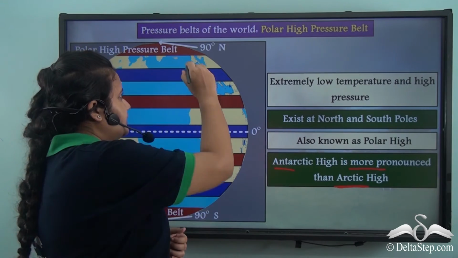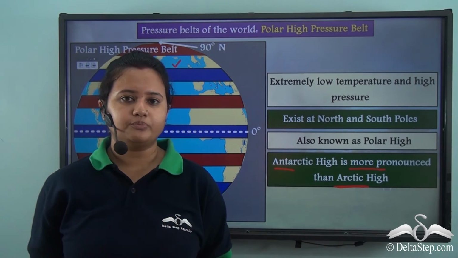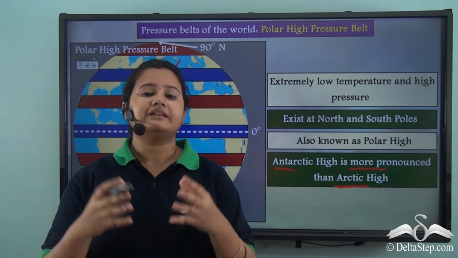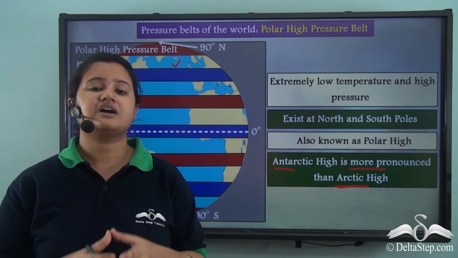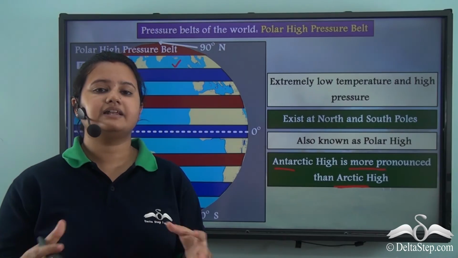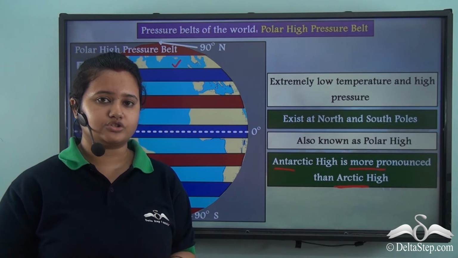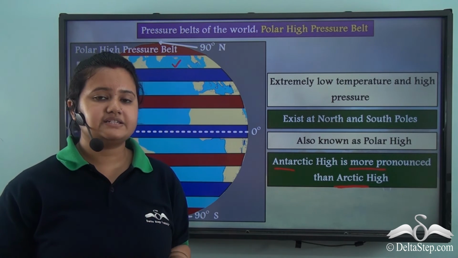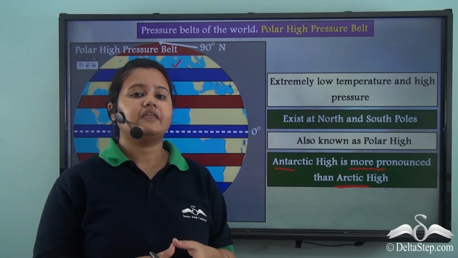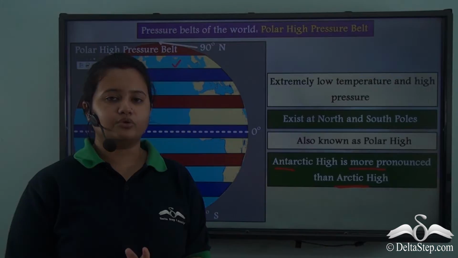While in the Arctic region or North Pole, apart from the land masses, a prominent water body is found, and that is the Arctic Ocean. And since land cools down faster than water, the high pressure condition is more intense over Antarctica than over the North Pole.